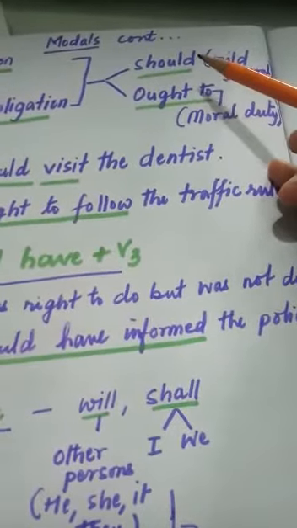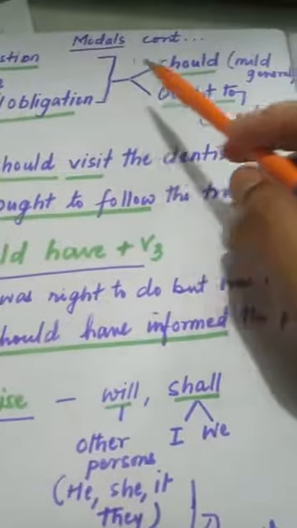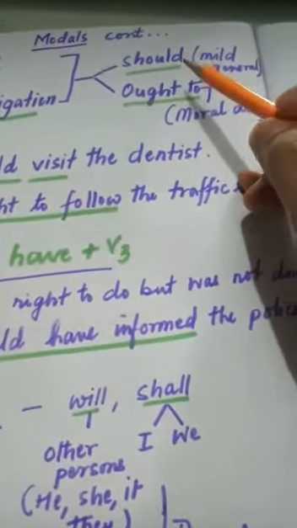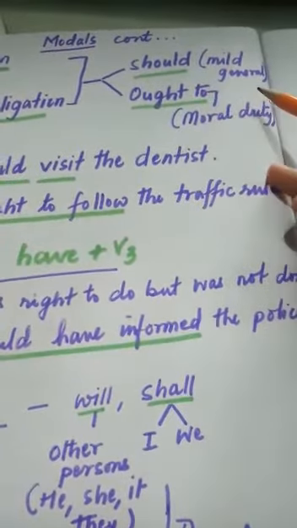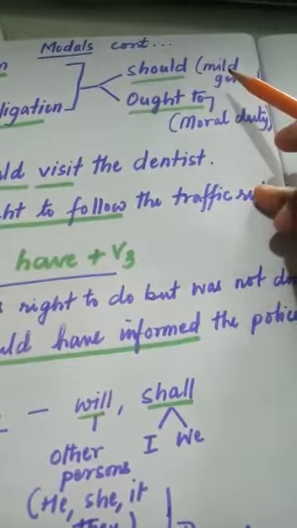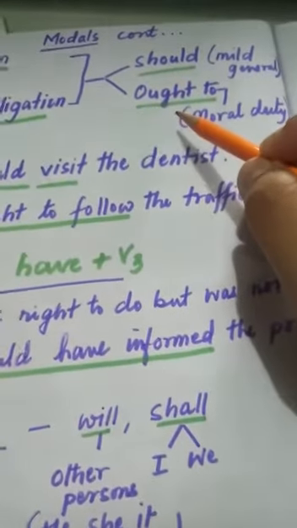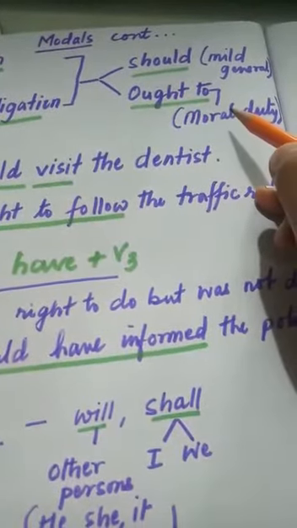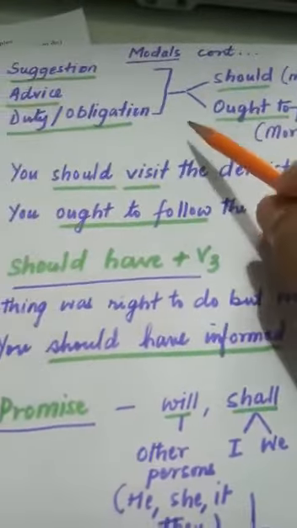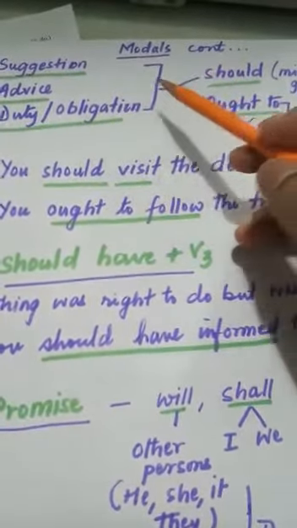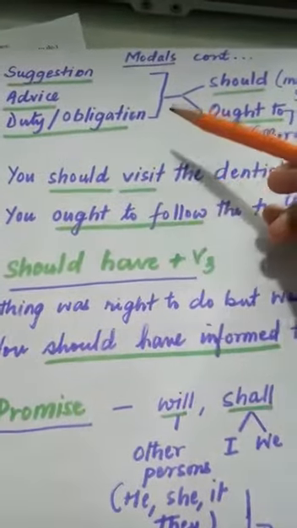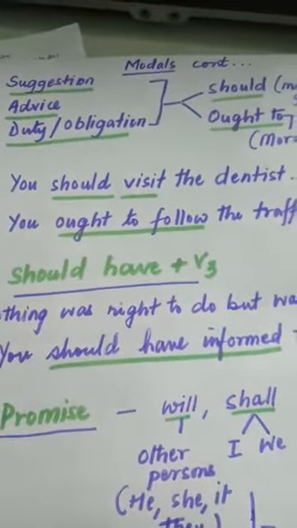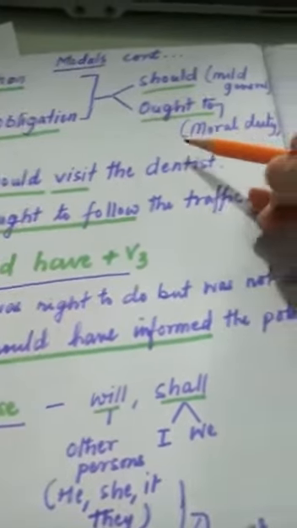Should is used to suggest something, and when you use should, the suggestion is in a general tone and in a mild way. But when you use ought to, you suggest or advise, or you may say you express a kind of obligation or a duty.